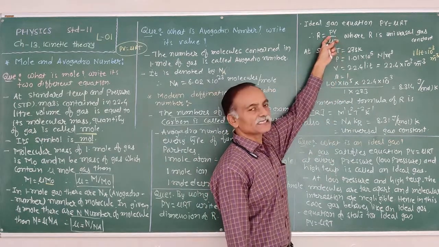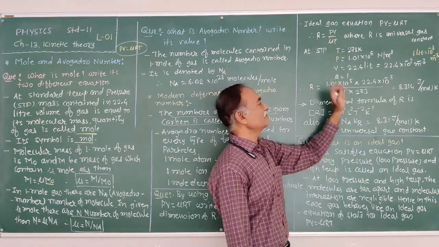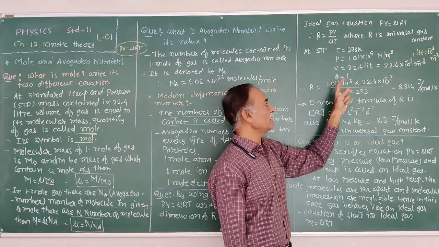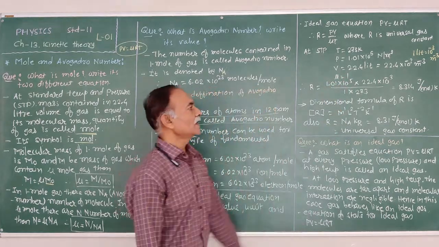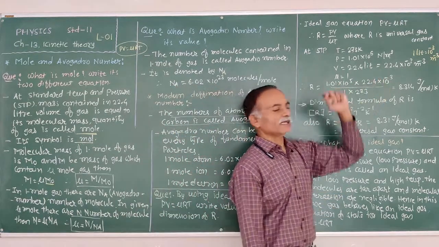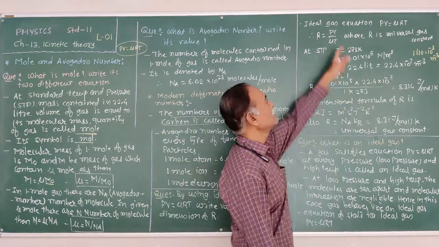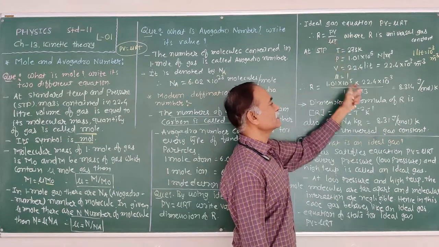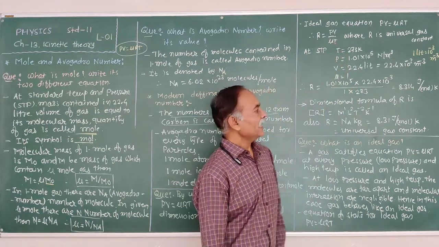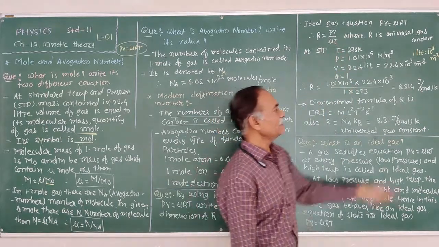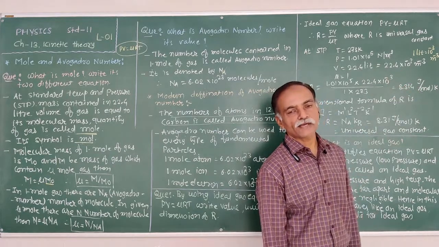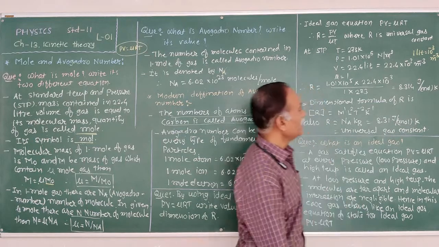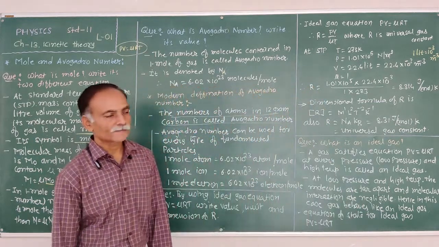So substituting in this equation, R is equal to pressure 1.01 × 10⁵ into volume 22.4 × 10⁻³ upon mu 1 into temperature 273. As we simplify, we obtain 8.314 joule per mole Kelvin.